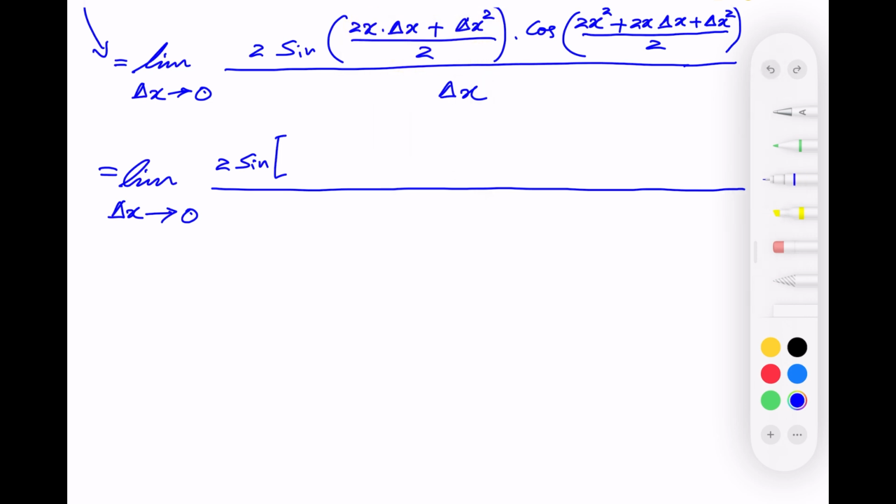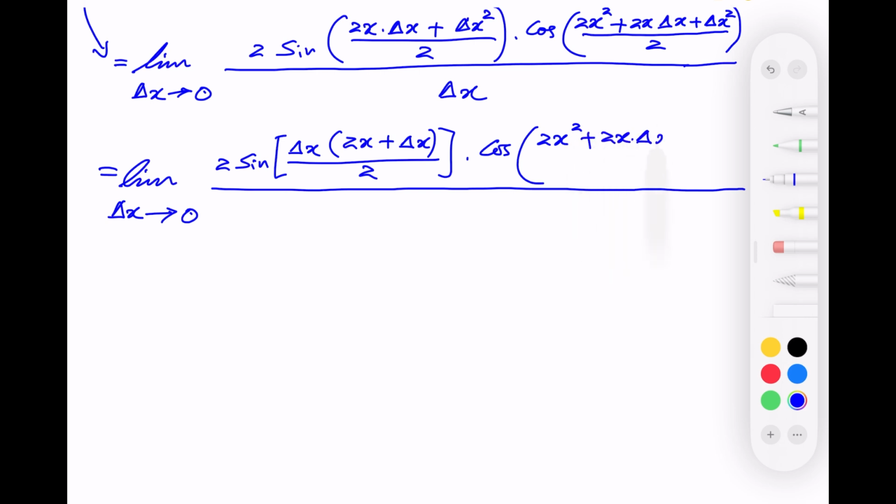Then I will have a delta x, open parenthesis, I will have a 2x plus another first order delta x. All of that has to be divided by 2. That times cosine, we have 2x squared plus 2x times delta x plus delta x squared. All of that has to be divided by 2.